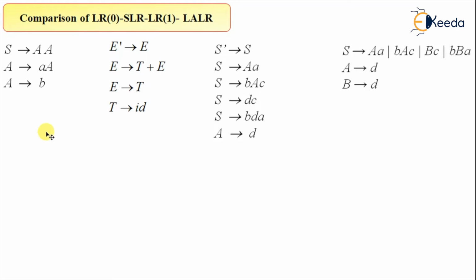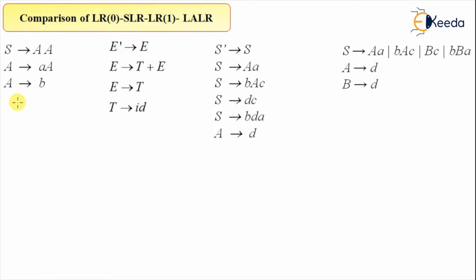This comparison is very simple and based on whatever we have done in the examples for SLR, LR0, CLR and LALR. This problem we have tackled in every possible way.